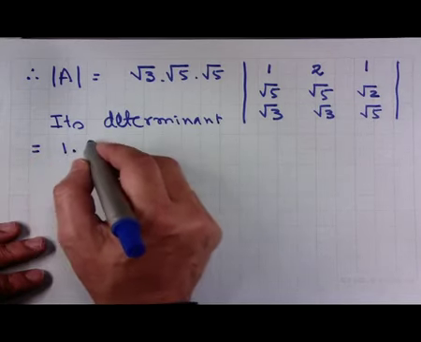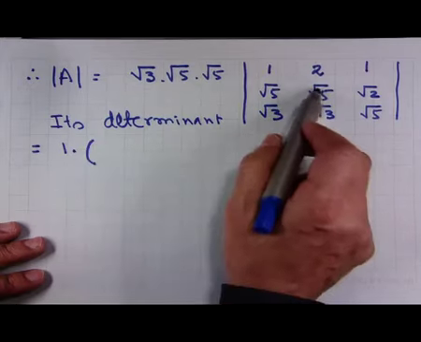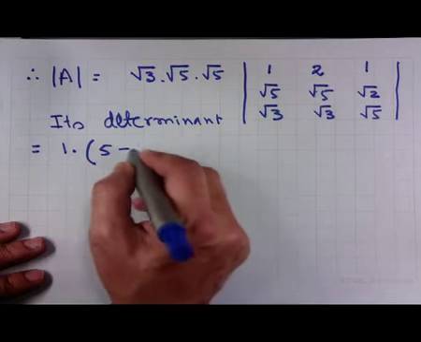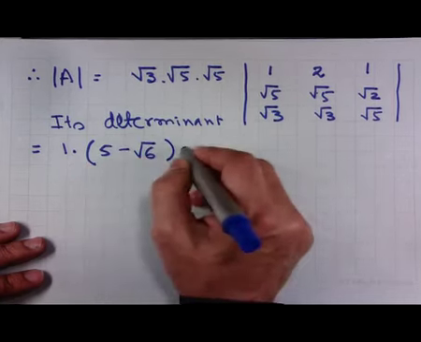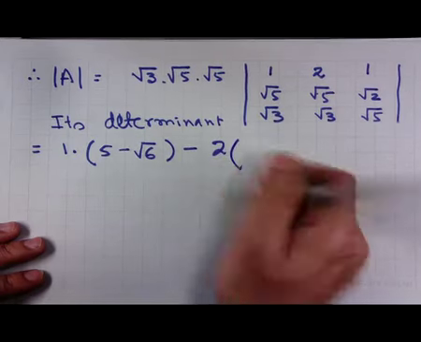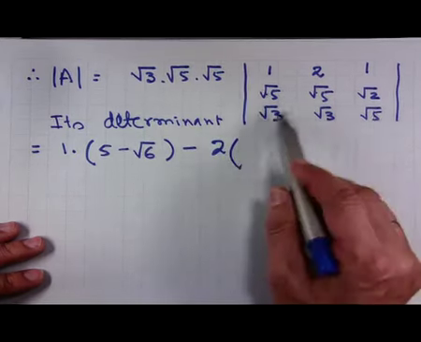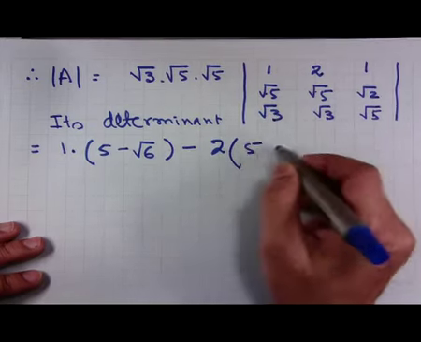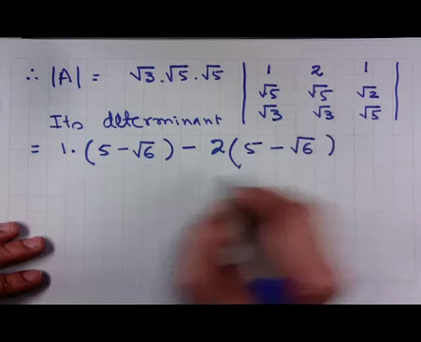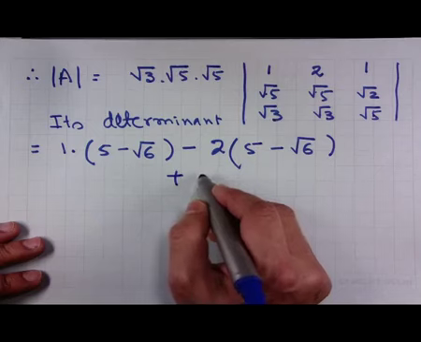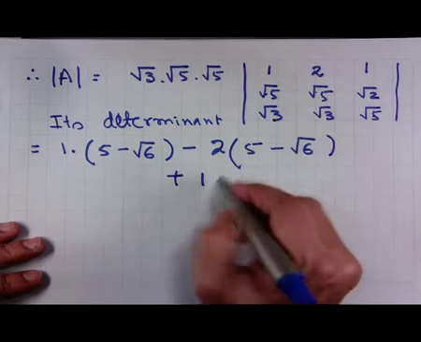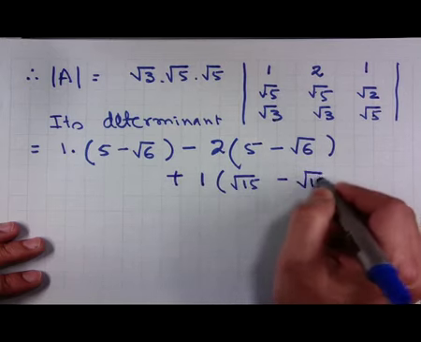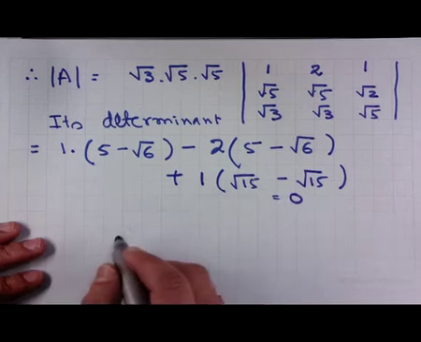One into root 5 into root 5 minus root 6, so 5 minus root 6, minus 2 into this product minus this product, which is 5 minus root 6, plus 1 into root 15 minus root 15. This is equal to 0.